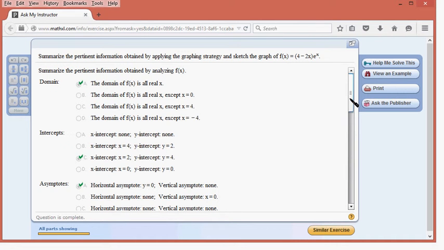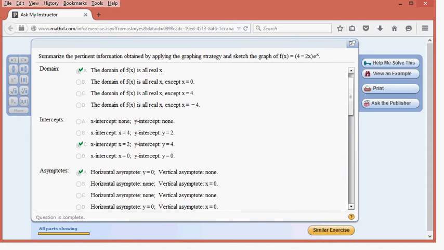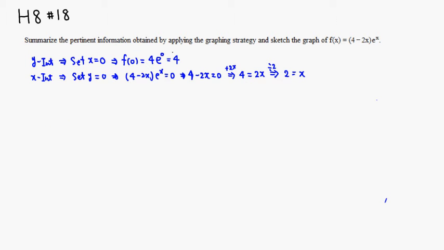Alright, so let's look at the asymptotes. For a vertical asymptote, we need the function to blow up or blow down at some point. But you can see that this function never blows up or blows down, so we don't have a vertical asymptote. For the horizontal asymptote, we can take the limit of this function at infinity.